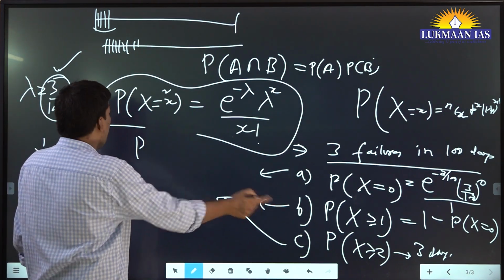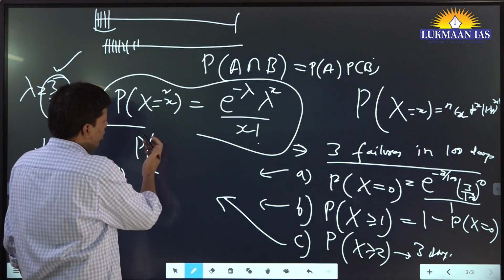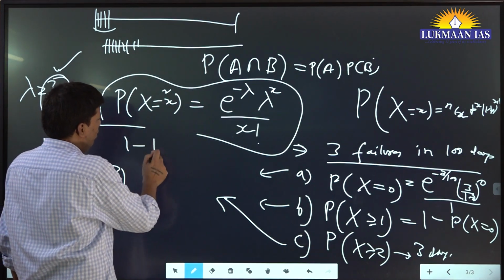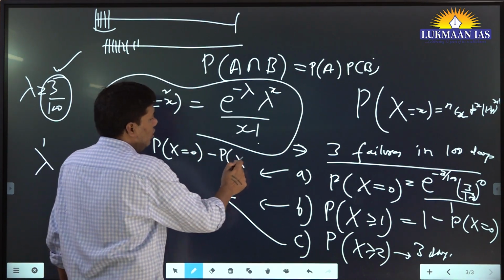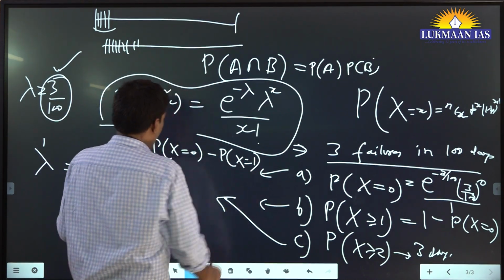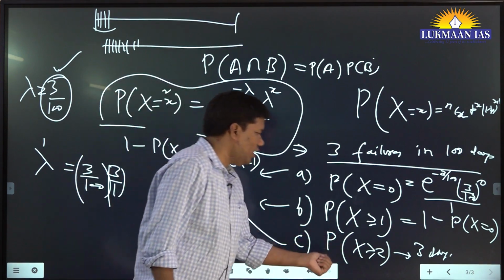Now you can calculate the probability, right? How will you calculate it? You will write 1 minus probability of x equal to 0 minus probability of x equal to 1. You will subtract these two things and get this number.